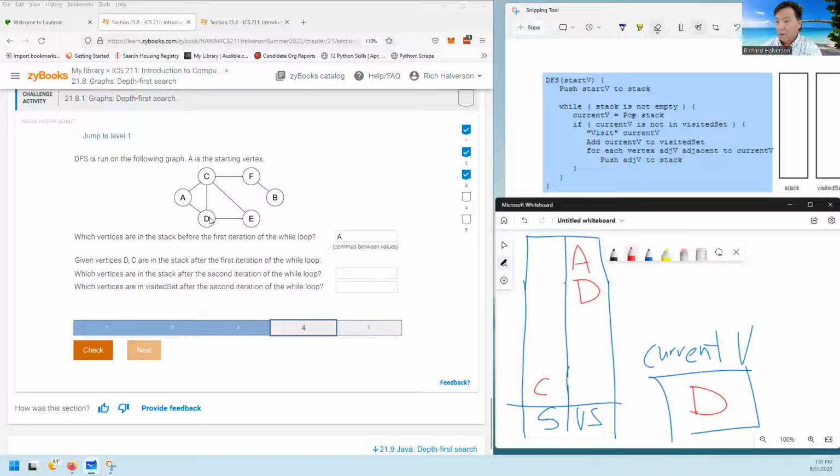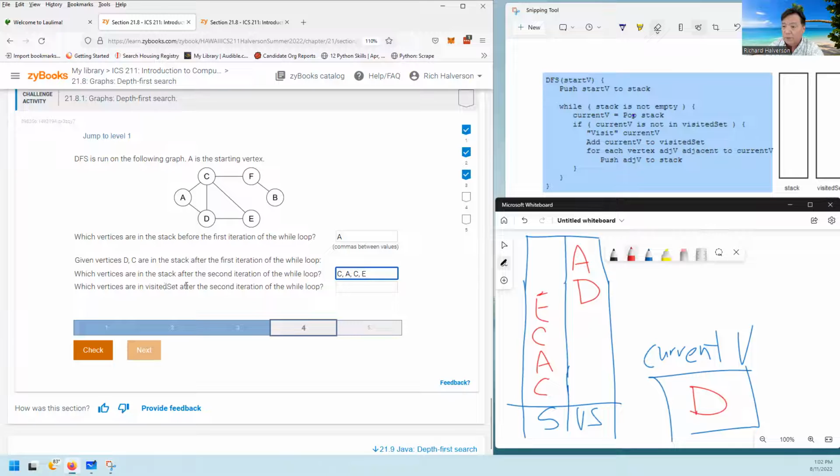I'm going to throw them in alphabetical order, A, C, and E. So that's what I say the stack looks like after the second iteration of the while loop: C, A, C, and E.